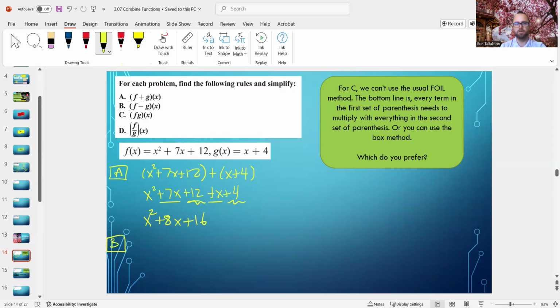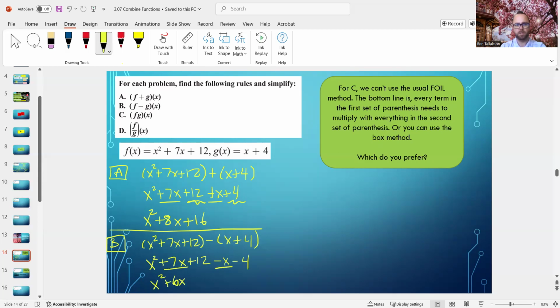Let's move on to B. A lot of this is the same. Remember, distribute that minus, combine like terms, we get x squared, 7x minus x this time.